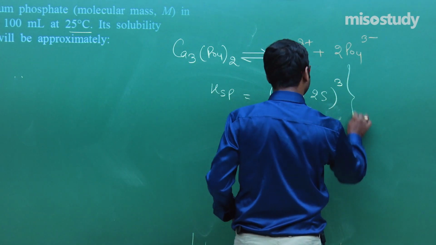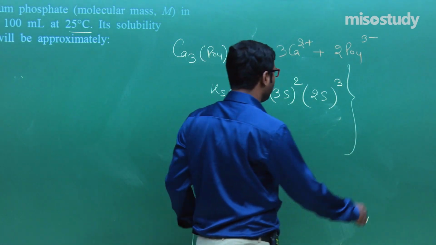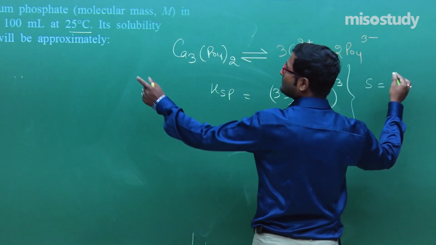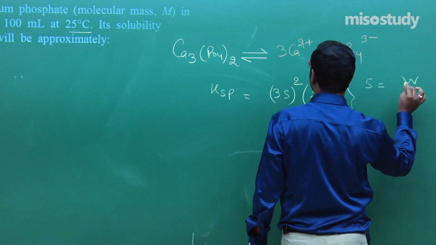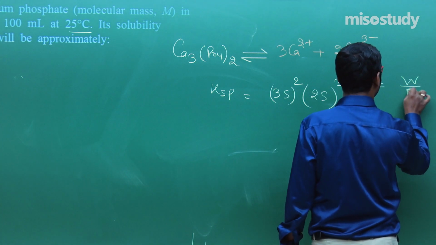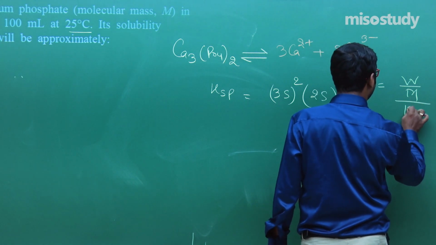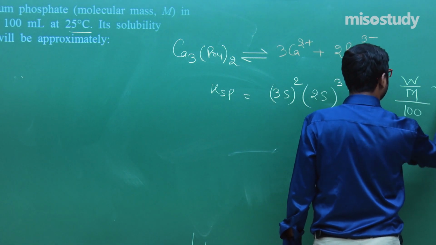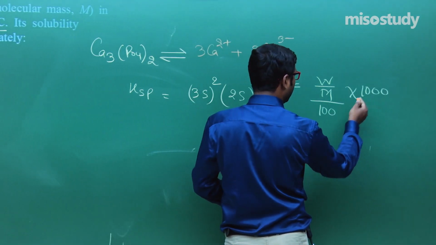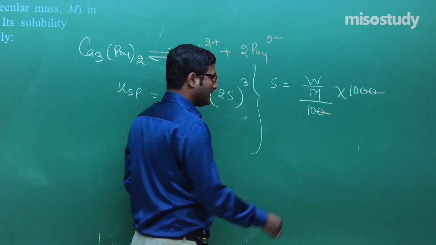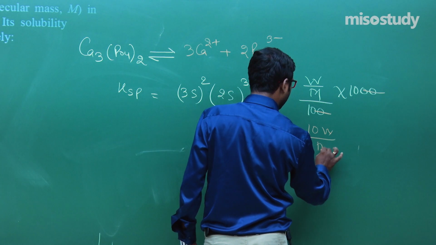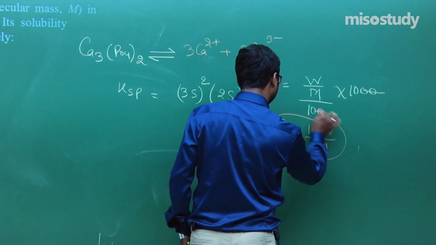Now what is S here? That is the question. S is the concentration, given mass, that is W gram, W upon 100. Clear to you? Upon molar mass gives the number of moles, then upon 100 ml, convert into liter, multiply by 1000. Then S is equal to, here this will cancel this one, then S is equal to 10 W upon M. This is the solubility.